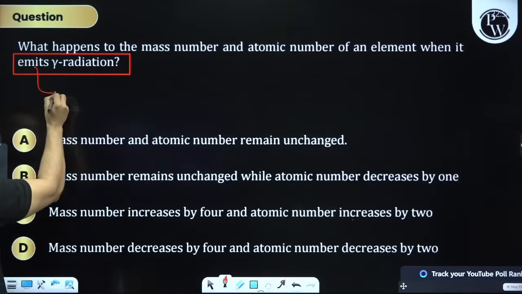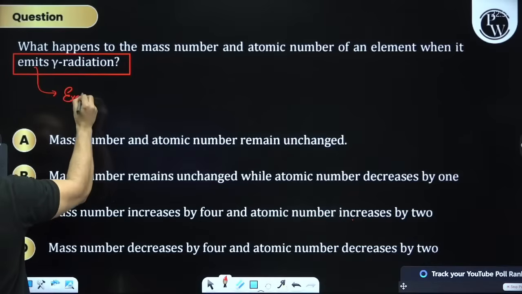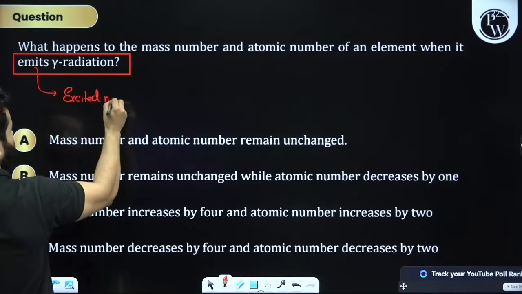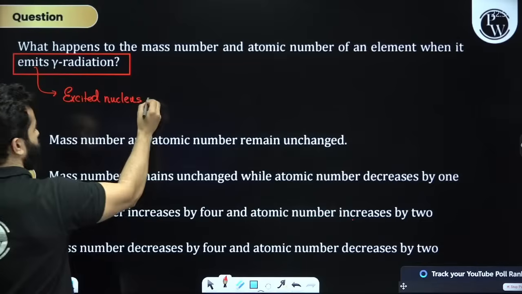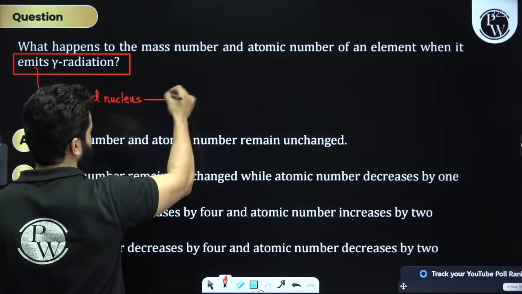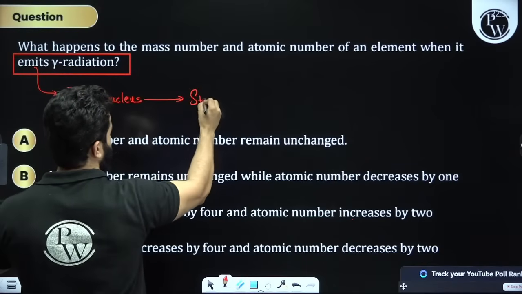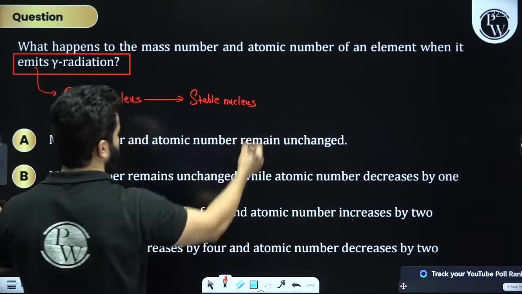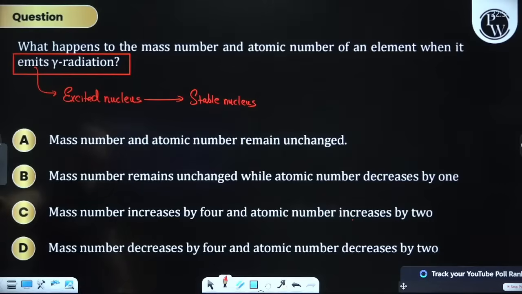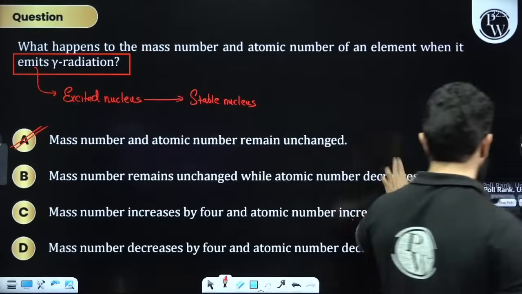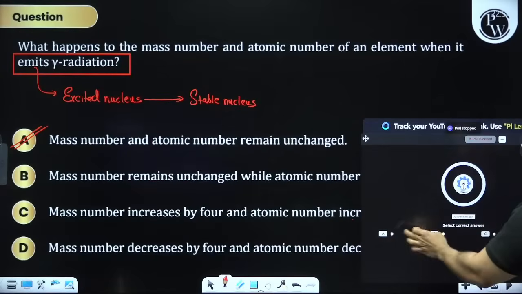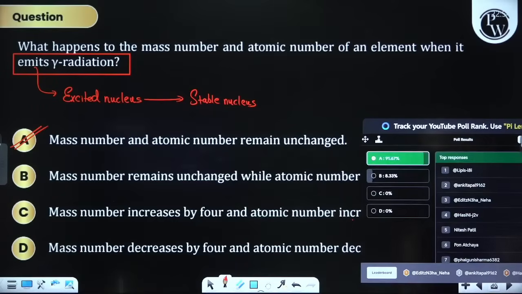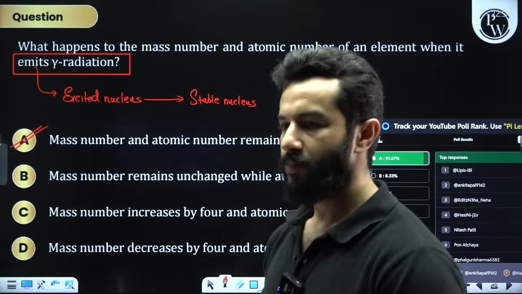The excited nucleus becomes a stable nucleus, or we can say that it comes to the ground state, right? So nothing changes, mass number and atomic number remain unchanged. A option is correct. Clear?